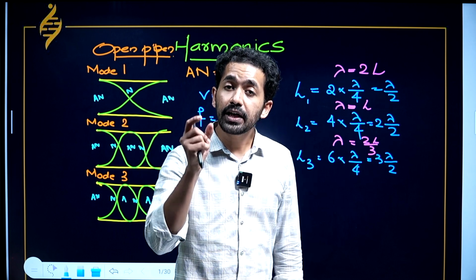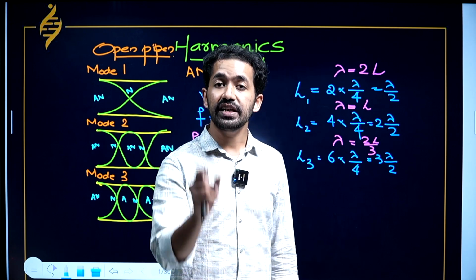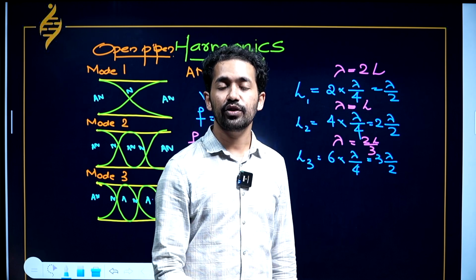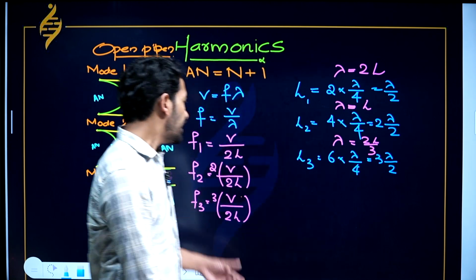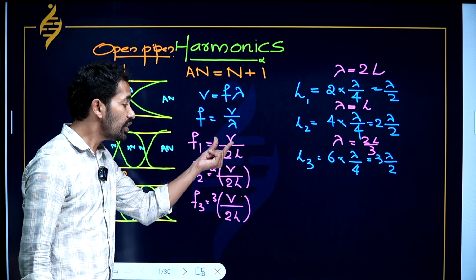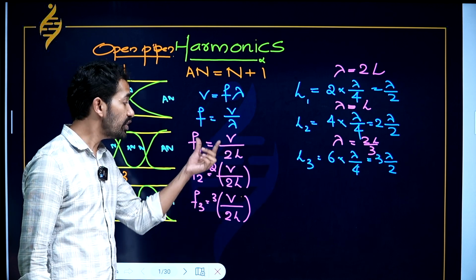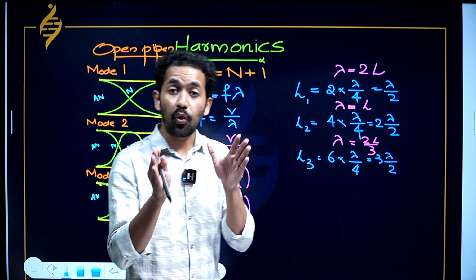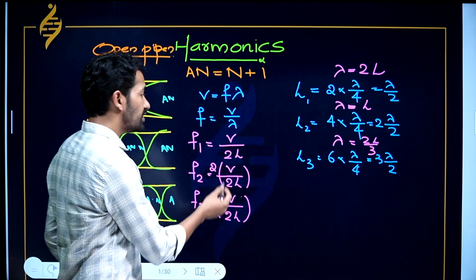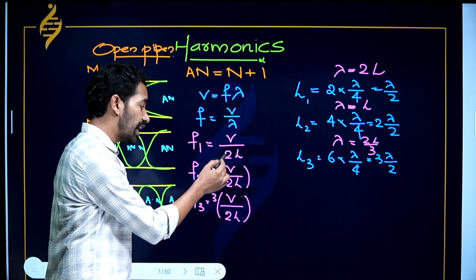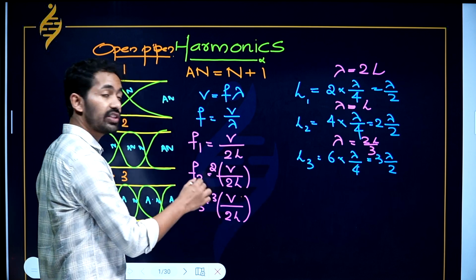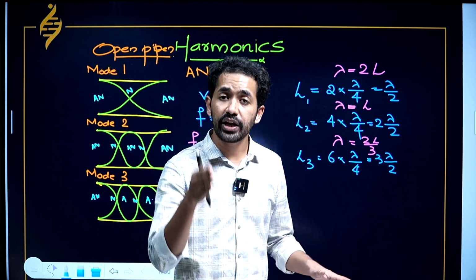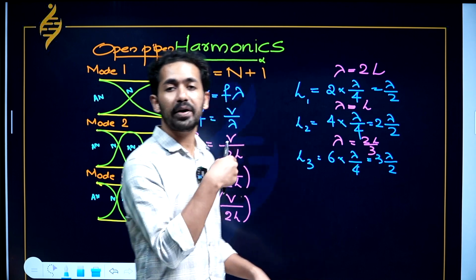See, the multiples of the fundamental frequency are called harmonics. Here we will observe that all the frequencies are multiples of the fundamental frequency and all the frequencies are present. See, you have v by 2L, you have 2 into v by 2L, you have 3 into v by 2L. So all multiples of the fundamental frequency are present in an open pipe.